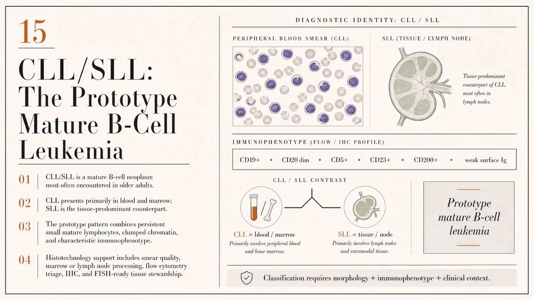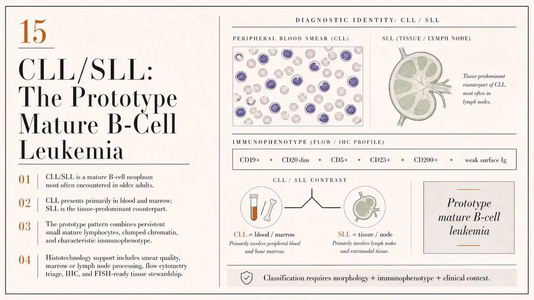From a histotechnology perspective, detecting MBL demands high sensitivity in flow cytometric analysis and careful gating strategies to identify small clonal populations. This highlights the importance of specimen triage and prioritization, ensuring that peripheral blood or bone marrow samples are collected and processed promptly to preserve cell viability and antigen expression.